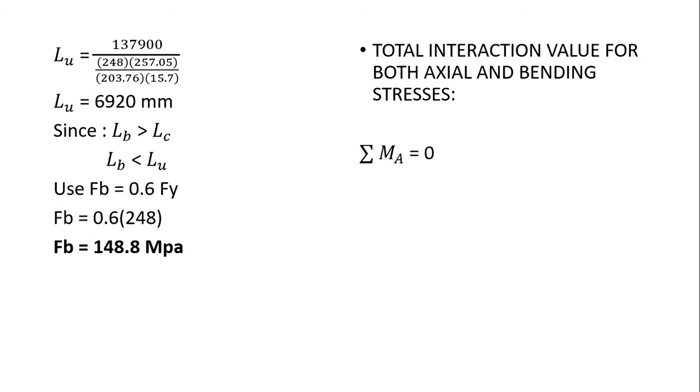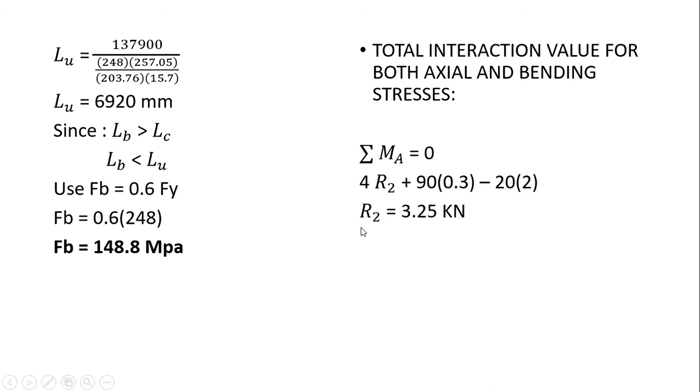First is summation of moment at A. So in the figure, we take moment at A. So 4 times R2 plus 90 times 0.3 minus 20 times 2.